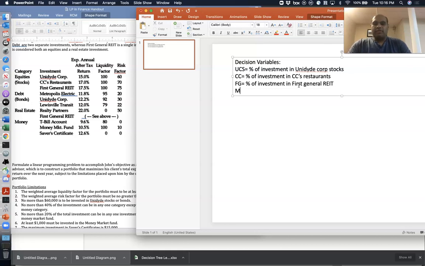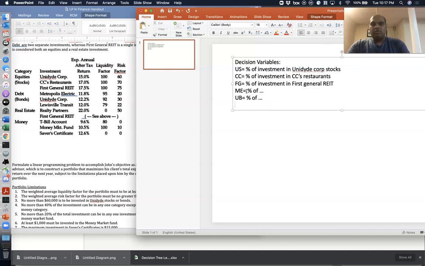Similarly, you're going to have Metropolitan Electric. Then you have Unidad Corp bonds. But I don't need the C, I'll just say US and UB. I'll just use two letters for all my decision variables. So again, this is the percentage of, and UB is for Unidad bonds.